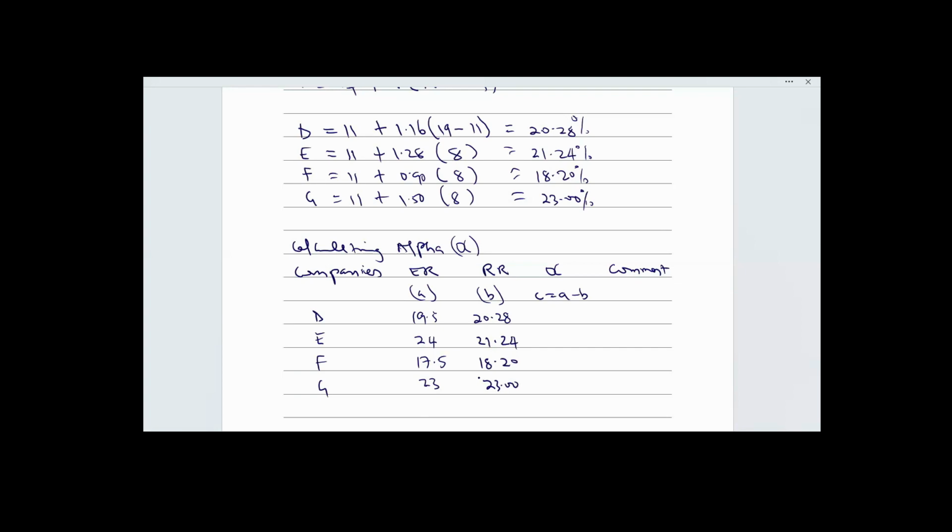So let's get the alpha. Bring out your calculator. 19.5 minus 20.28 equals minus 0.78. The next one is 24 minus 21.24 equals 2.76.